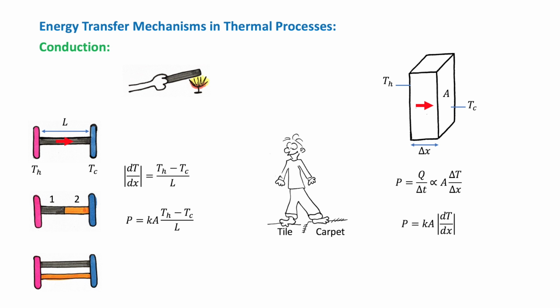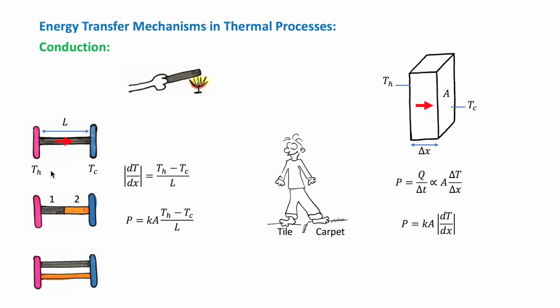So suppose we have a uniform rod of length L that is thermally insulated along all of its parts except at its ends, which are in contact with reservoirs at temperatures of Tc and Th. When a steady state of flow is reached, then the temperature at each point along the rod is constant in time.